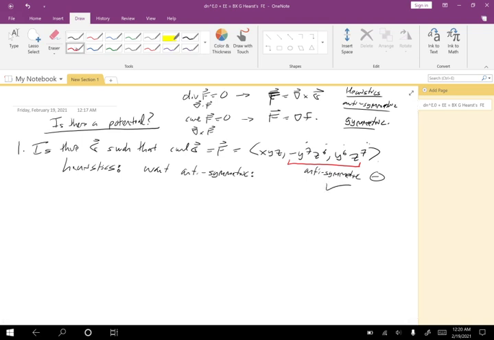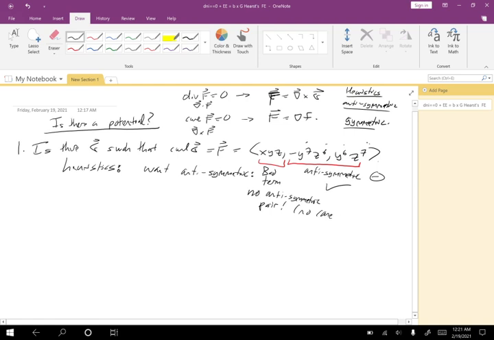However, we have this bad term, because there is no antisymmetric pair. So there will be no cancellation when you take the divergence. We can't get a plus and then a minus term to cancel each other out.